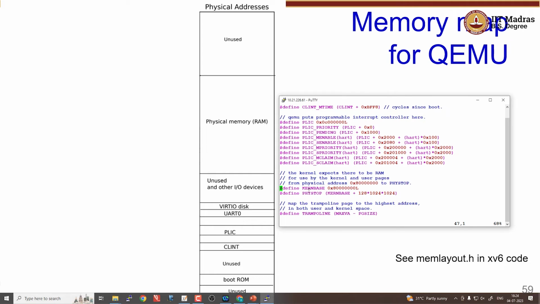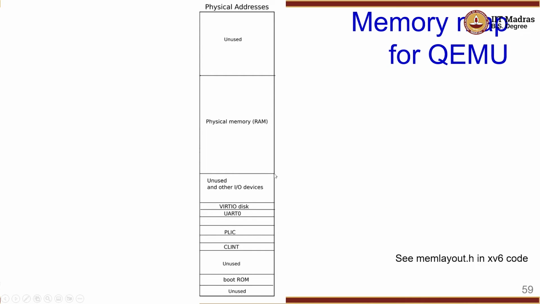So recollect also that the kernel starts at the location 80 million, and it's defined by this point called kern base. And the physical stop is the maximum location of the RAM. So 80 million over here is the lowest, the starting location where the RAM is present. So 80 million plus some amount of memory is where the RAM ends.